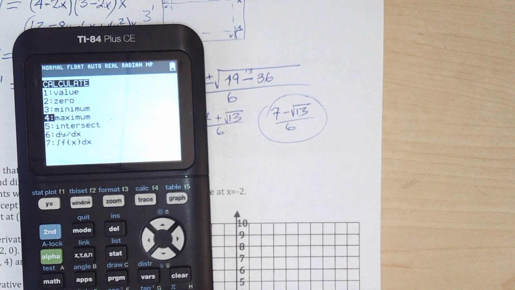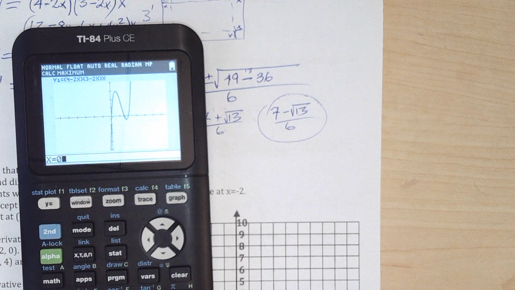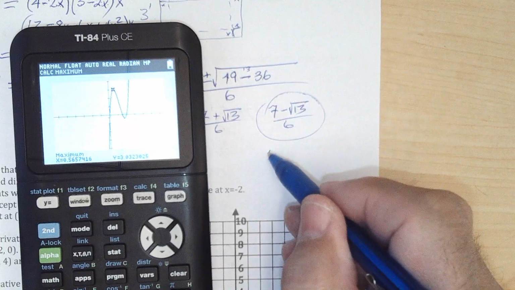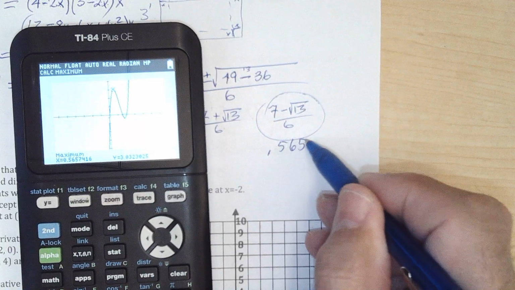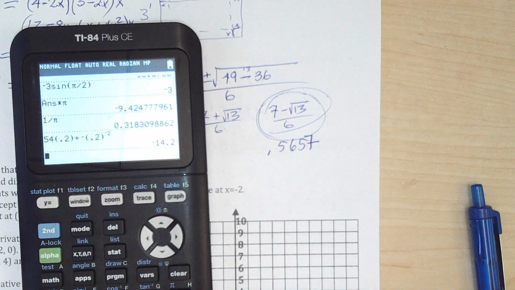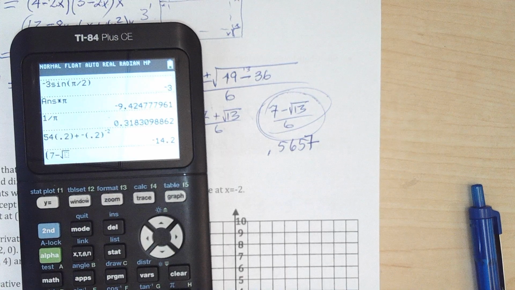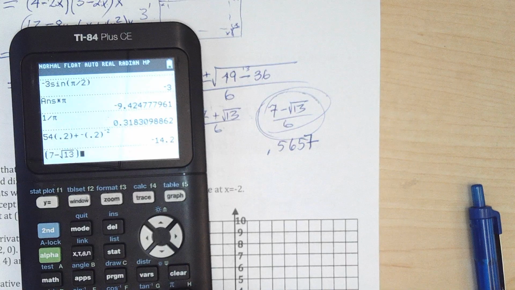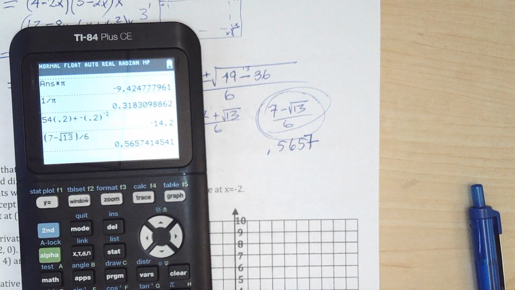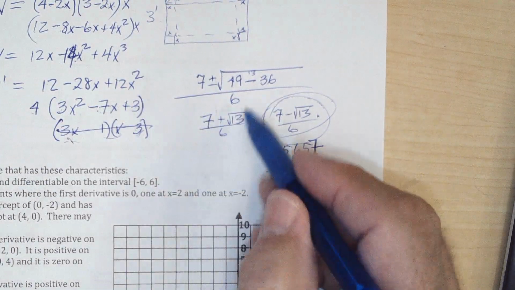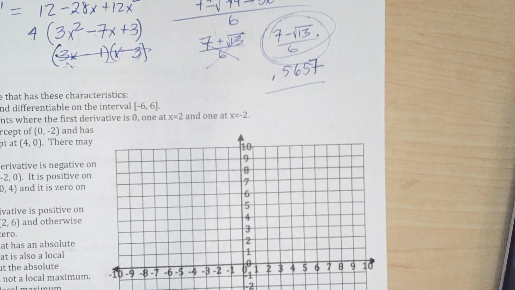That's between 0 and 1, and I think it's about 0.5, and it says about 0.56. 0.5657, which I think is what this is: 7 minus the square root of 13 divided by 6, and that is that one. This one we can't get there, and that'll be a minimum anyway.